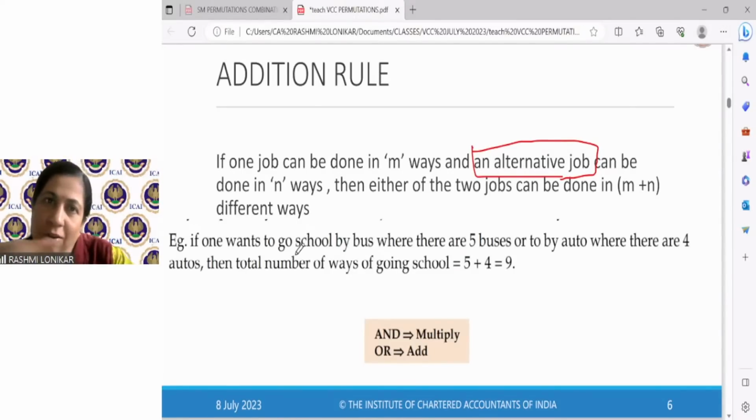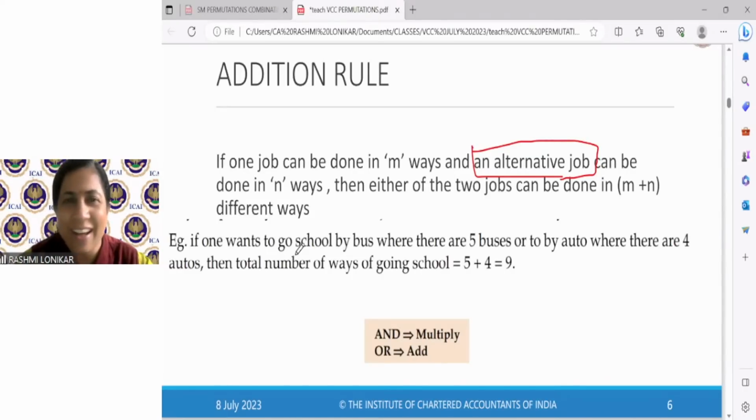So taking forward the earlier example, for example, while going, I have the option of bus and auto. Okay. So what happens here is that there are these two options. So I can go either by the bus or by the auto. Okay. So these are the two options that I have. So can I take a bus and an auto at the same time?